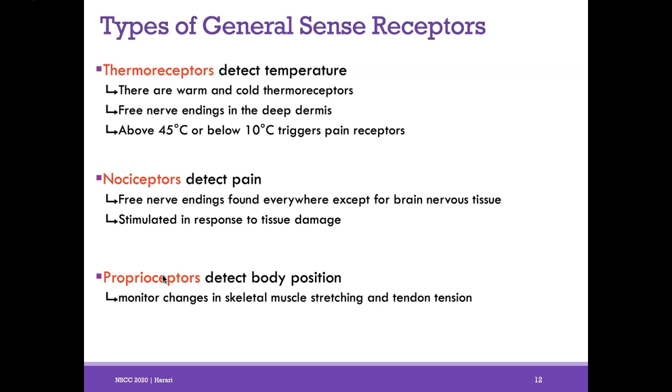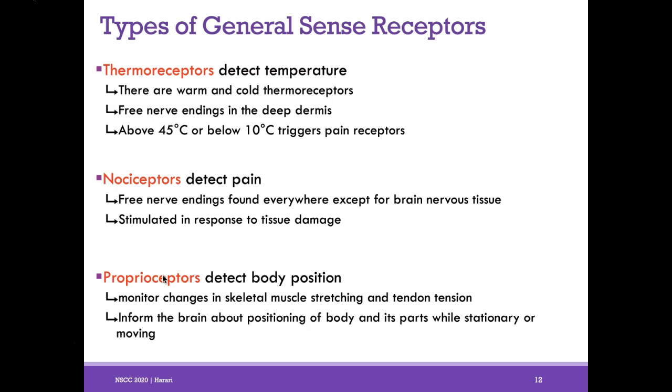We have receptors in our skeletal muscle and our tendons that know when the muscles contract, when they're relaxed, and in what position they're in. And these constantly inform our brain of where we are in space. Right, so the proprioceptors inform the brain about the positioning of the body and whether it's moving or whether it's stationary.